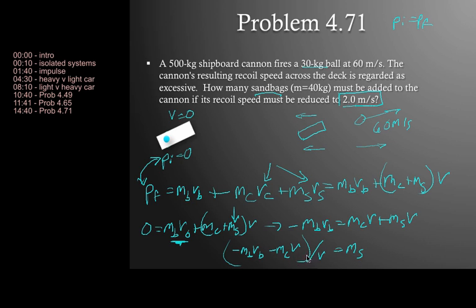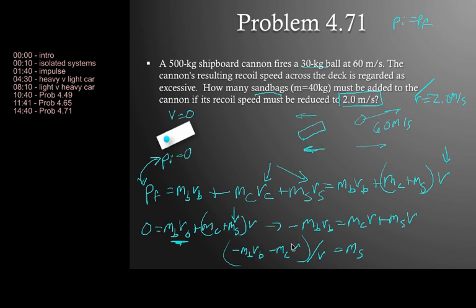So there's one more important thing here that we've kind of neglected, and that's what is this V? So we said V is equal to 2.0 meters per second, but we need to note that it's going to the left. So this V is actually minus 2.0. Since we called the 60 moving to the right positive, this guy needs to be a negative.